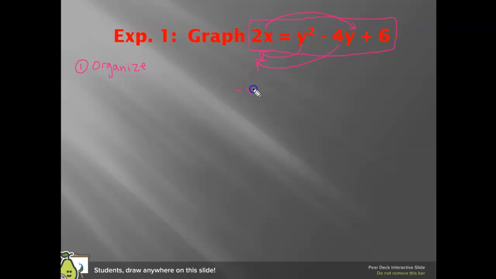So this is going to be negative y squared minus 4y, and then it's going to be equal to negative 2x plus 6. Now the problem with this is we can't complete the square if this is negative. So I do actually want to go through and multiply everything by -1. So I'm still organizing here.